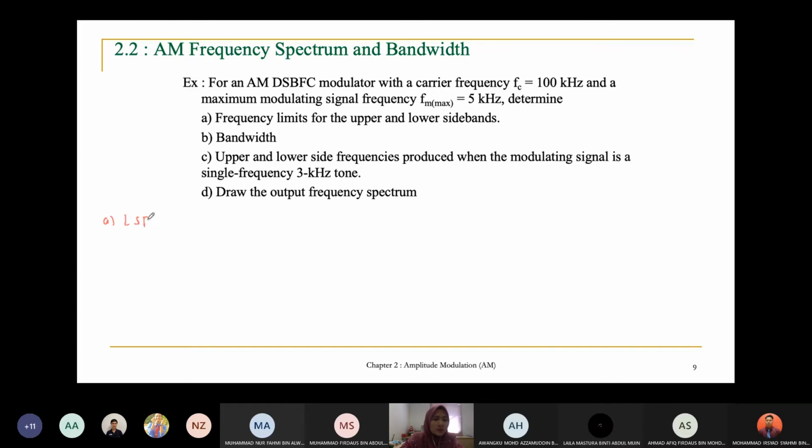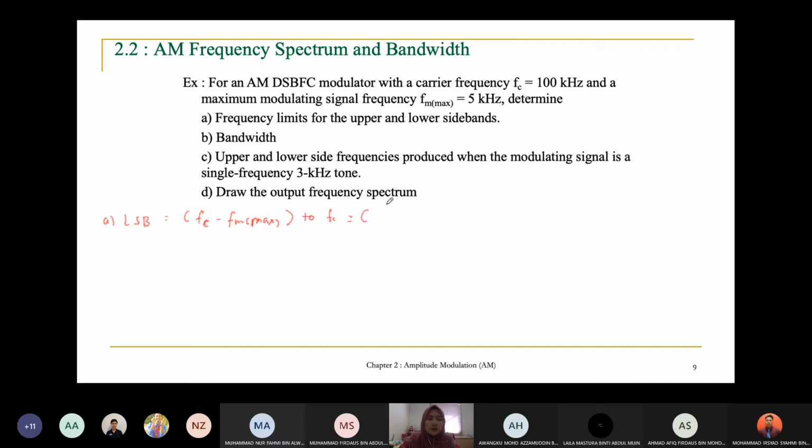For the lower sideband, the limits are from Fc minus Fm max until Fc. Remember the frequency spectrum that I just showed you. For the lower side band, the frequency is from Fc minus Fm max until Fc.